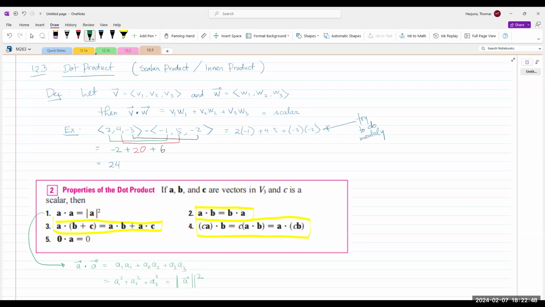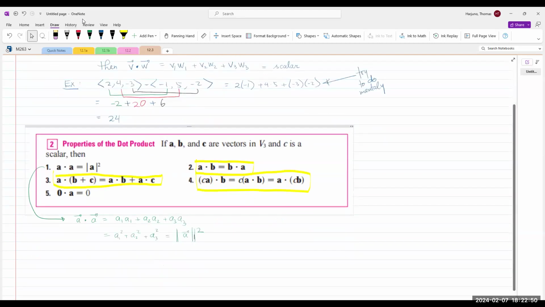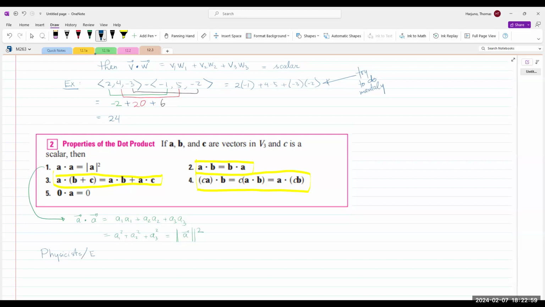Now, next, the physicist or engineer's definition of the dot product is the following.